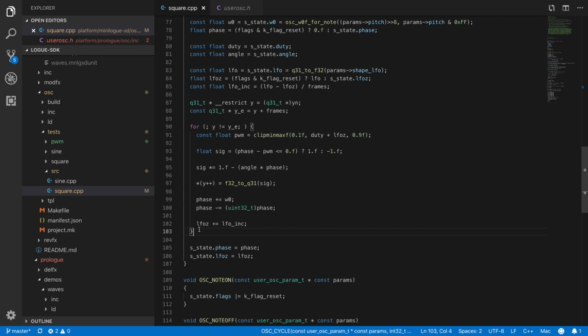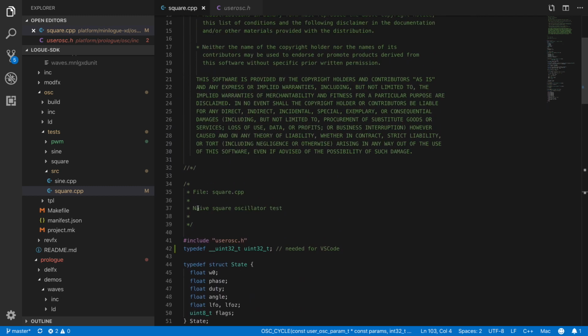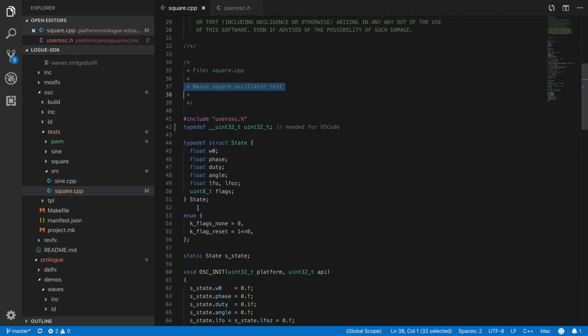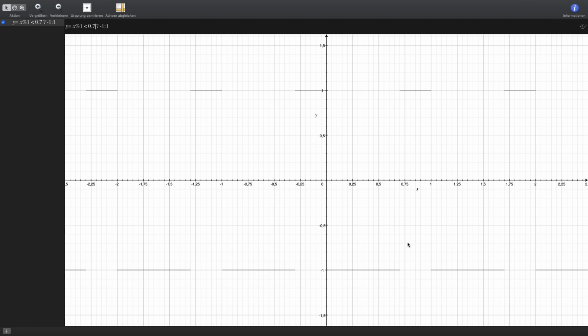Now, there is a need to caution you. This is a so-called naive implementation. Naive implementation means you're just returning a pure waveform. It's like this, a -1 and +1, and the edges are very sharp. It's so sharp in here, you don't even see the lines between the two points.